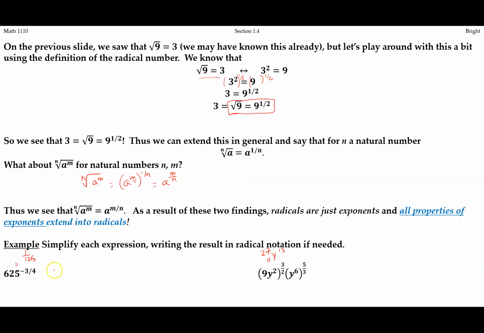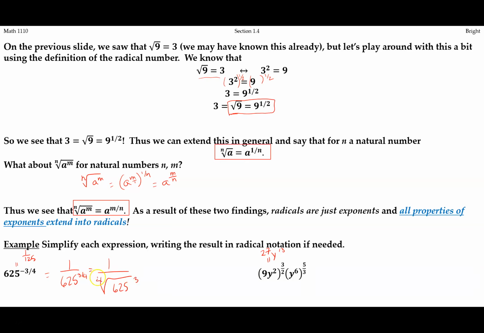For the first one, 625 to the minus 3/4, let's just make it positive. I don't like working with negative exponents, so this is 1 over 625 to the positive 3/4. Using our definition of fractional exponents, we're going to have a radical symbol with 625 underneath it, and how I remember it is that the 4 in the denominator gets stuck in front of the radical, and then we have an exponent of 3 on the whole thing.